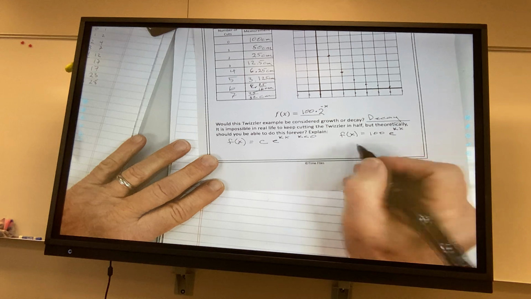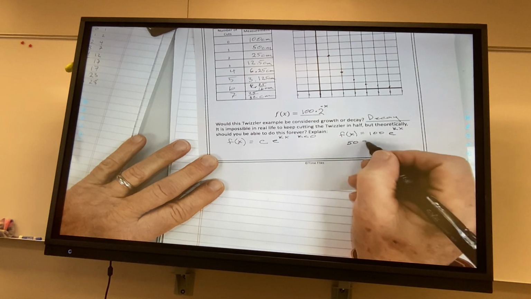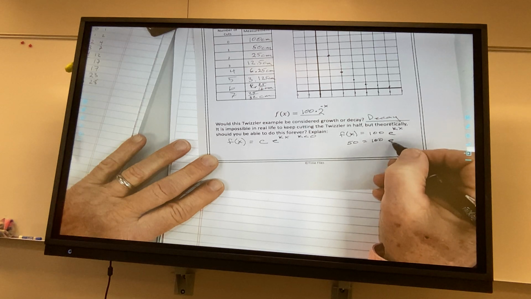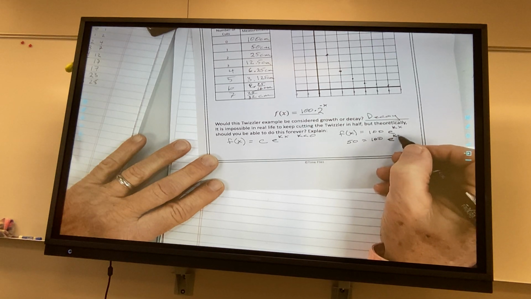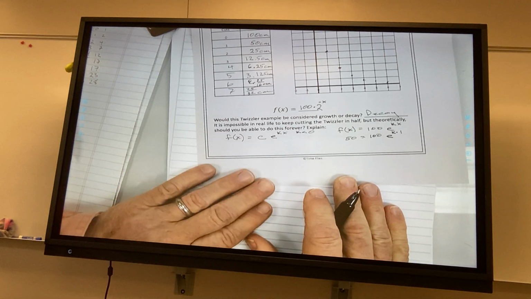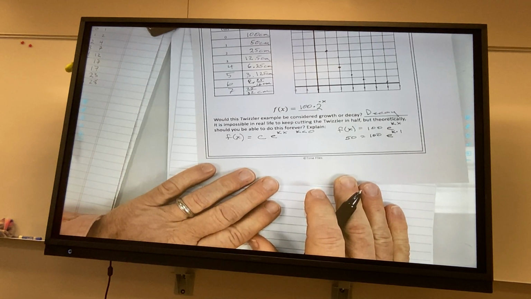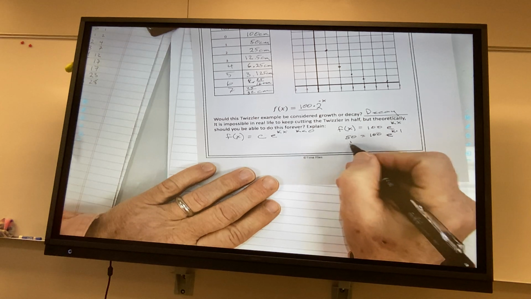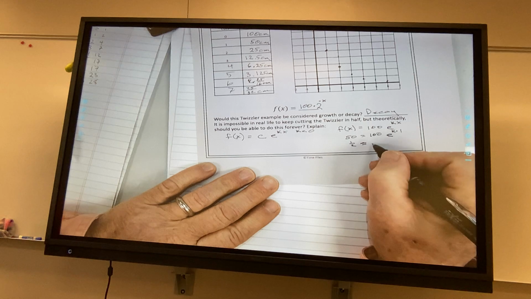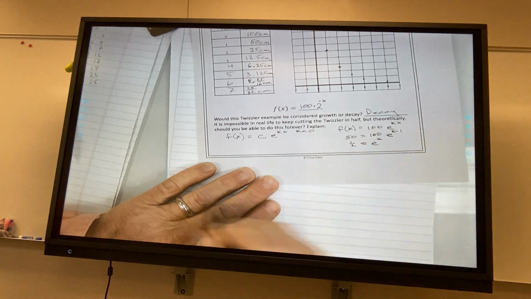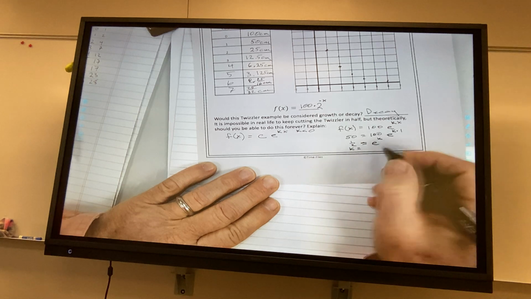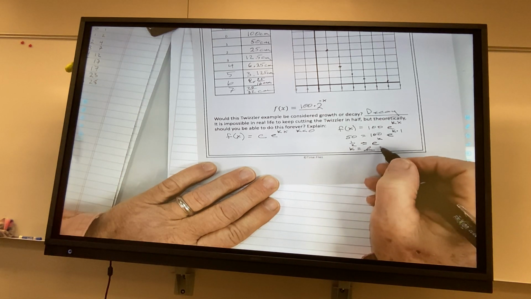So when we had 1, it was 50, correct? Would everybody agree with that? So I get a half equals e to the k. So what's k equal to? ln of 1/2, right?